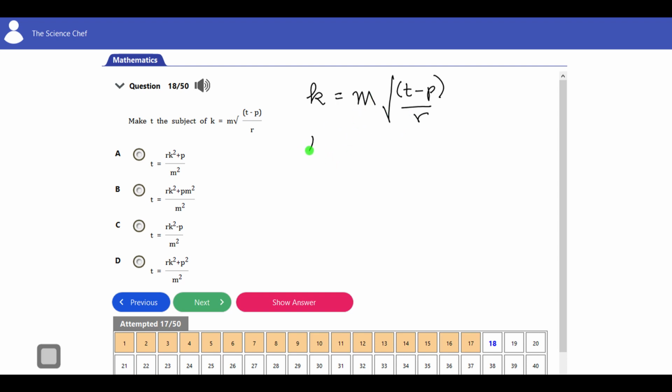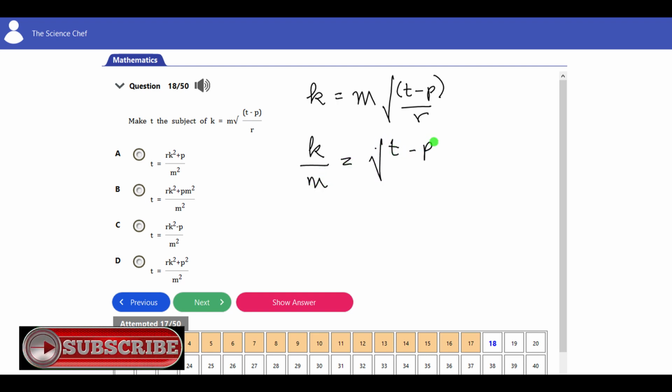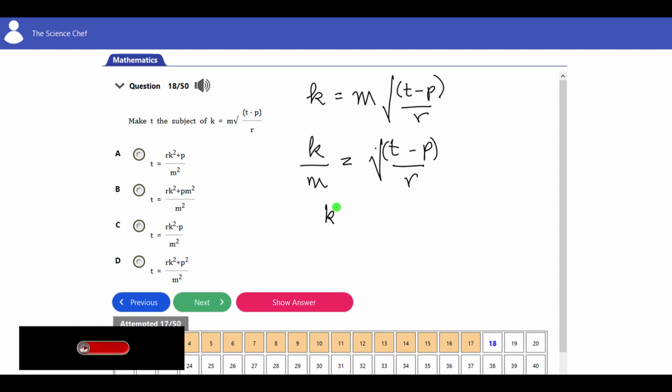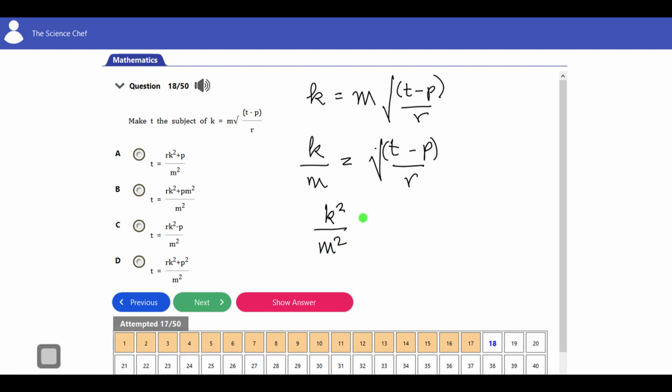That will be k over m equals to square root of t minus p all over r. So the next thing we'll do is to clear the square root, and by doing so we square both sides. That will be k squared all over what, m squared, equal to what, t minus p all over r. We are looking for t, and there is r here.